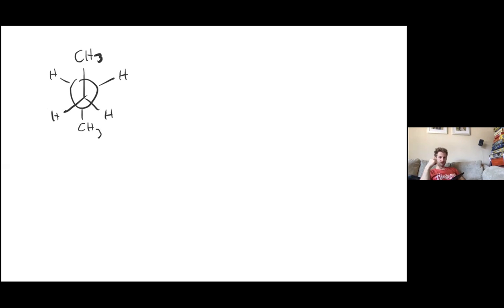In order to do Newman projections, my advice is take the front of your molecule and redraw it 6 times. Or I guess 5 more times. You could also do this at the back, but really it's more important that you pick one.